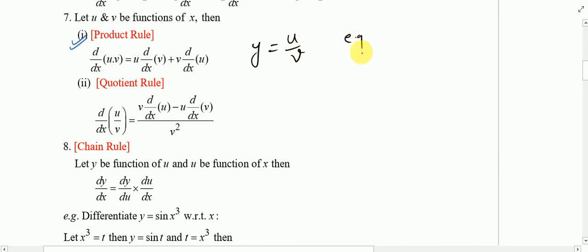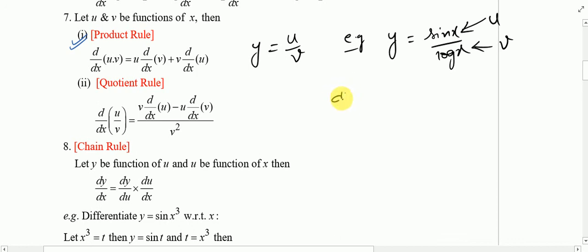For example, if I write y is equal to sin x upon x, or log x, anything. So here this will be your u and this will be your v. So dy upon dx will be given by this formula.